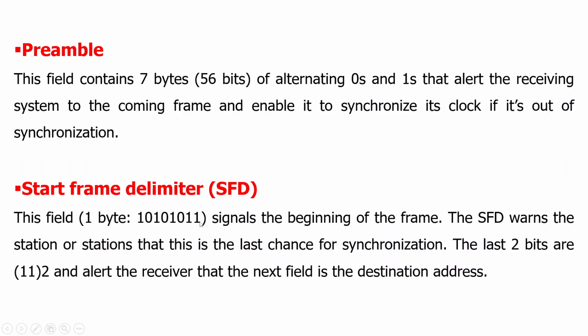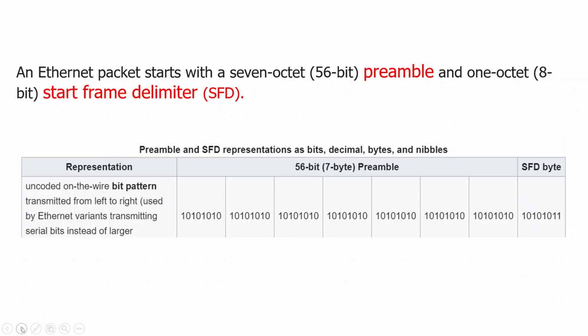Instead of the 10 pattern in the preamble, the last two bits are 11. It gives the last chance for synchronization, and the last 2 bits being ones alert the receiver that the next field is the destination address. So synchronization is over up to here.